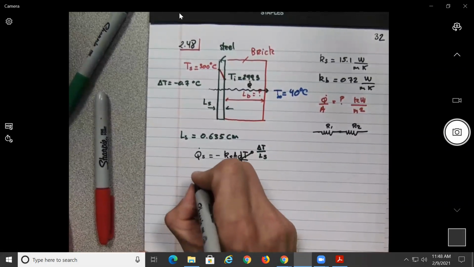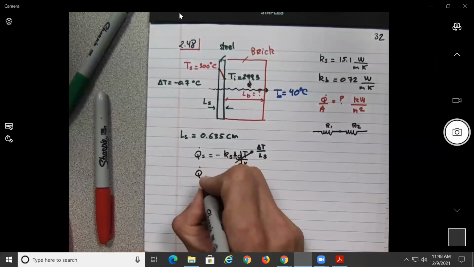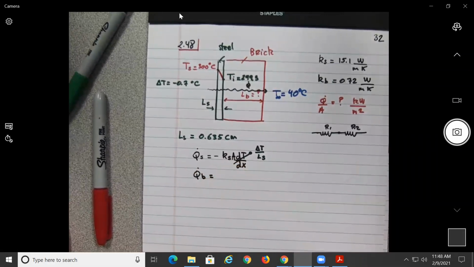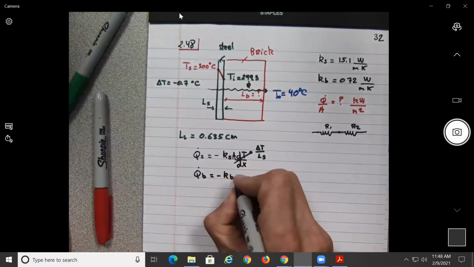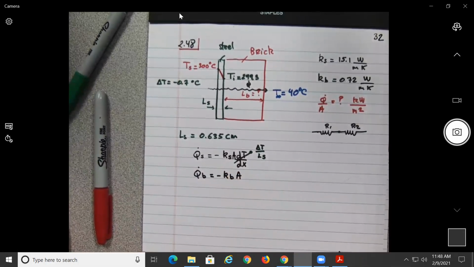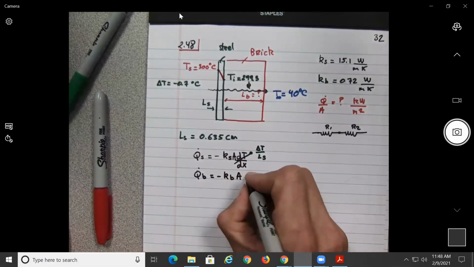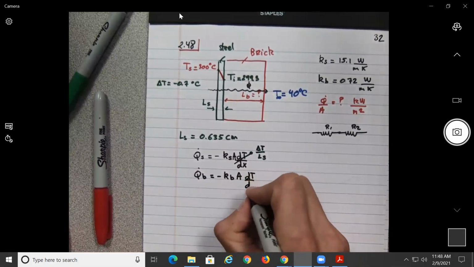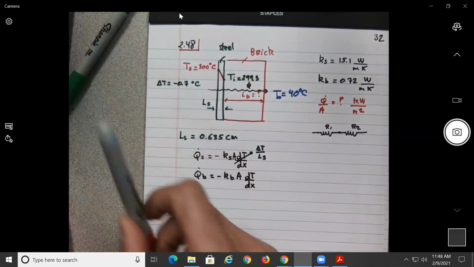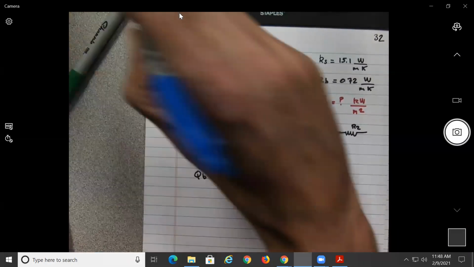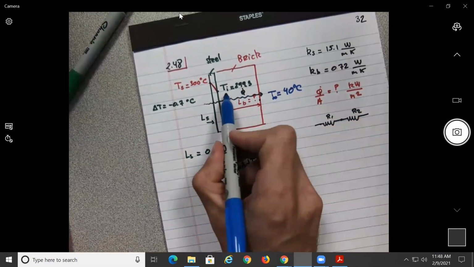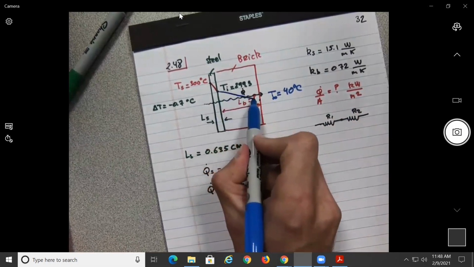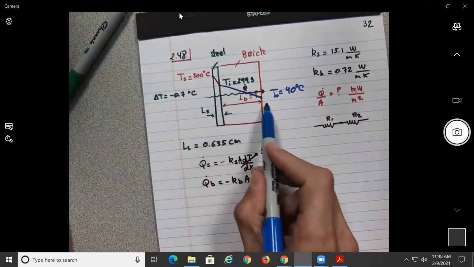Now, the amount of heat going through the brick will be equal to what? Minus k brick A, same expression, dT/dx, but now the dT/dx would be the one going through this line.